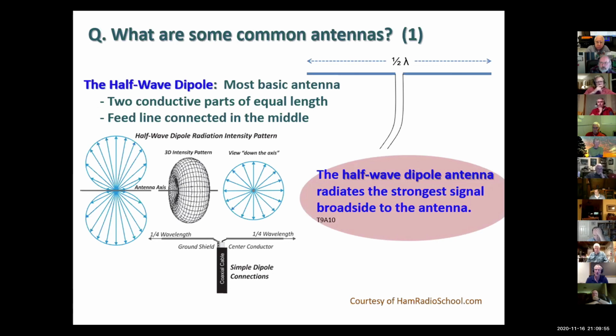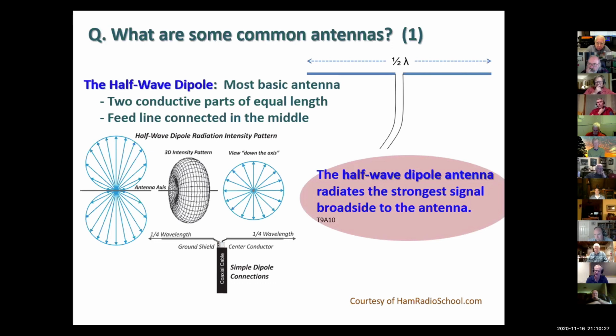But because there are less losses in the feed line by using ladder line, it's a much more efficient radiator. So a doublet typically requires an external matching unit. You run the ladder line down to the tuner, and then you run the coax to the shack. I've heard that's a pretty efficient antenna, and a lot of purists really like that.